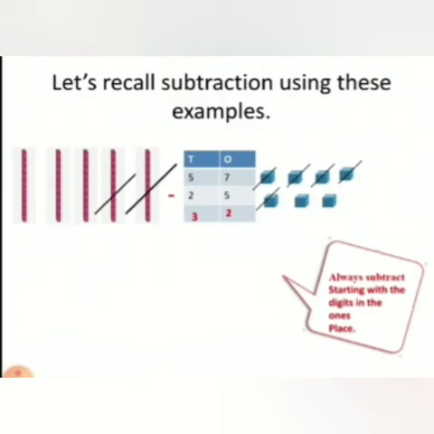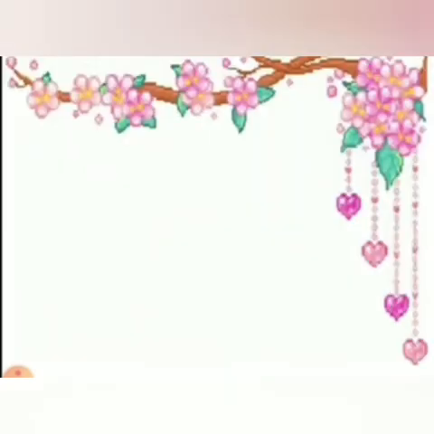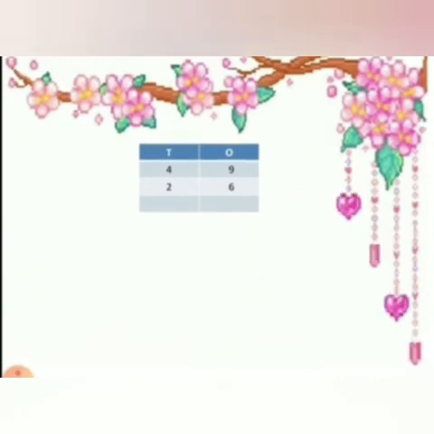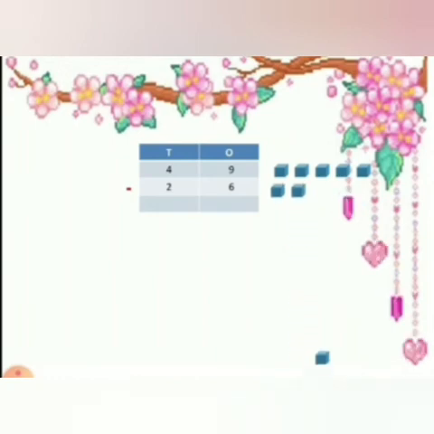Now let's move to the next example. There is a table form, tens and ones. Subtraction sign, that's a minus. We will start from ones place value first. So 9 is the number. 1, 2, 3, 4, 5, 6, 7, 8, 9.